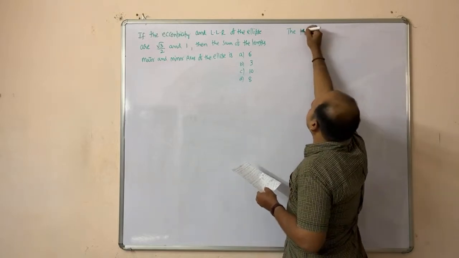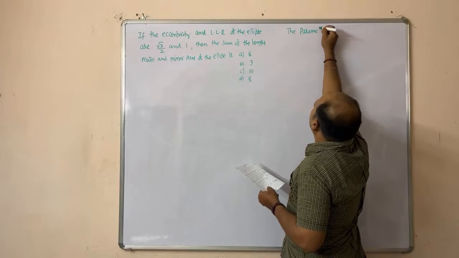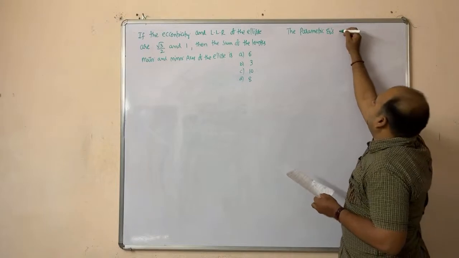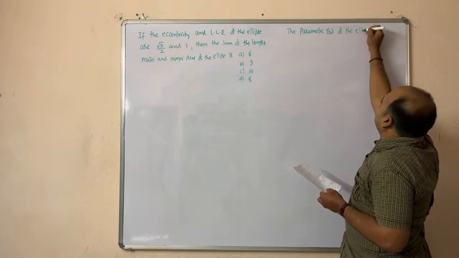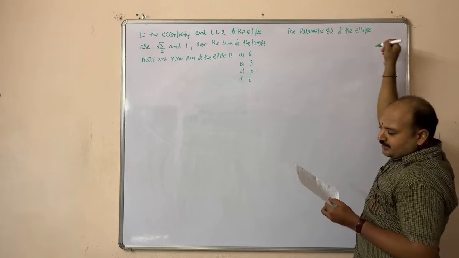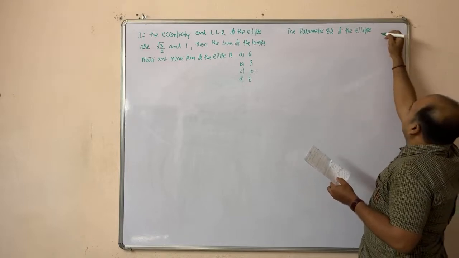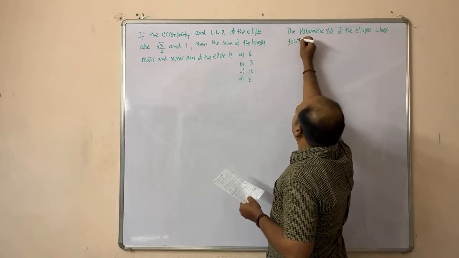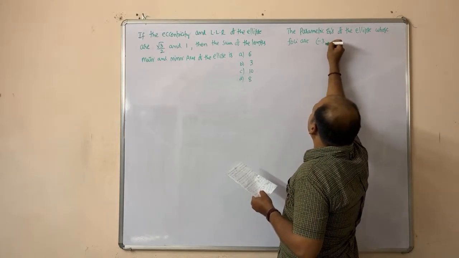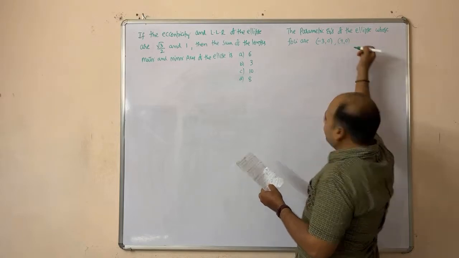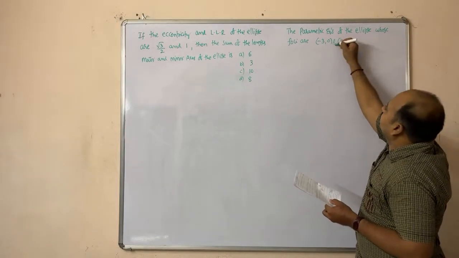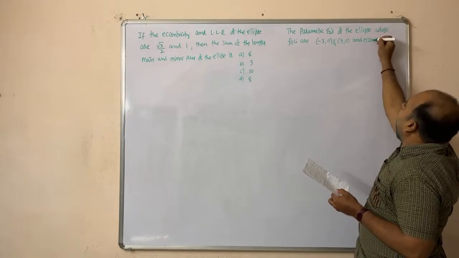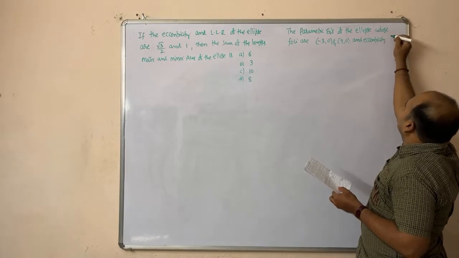The parametric equations of the ellipse, one of the students sent this question, whose foci are (-3, 0) and (9, 0), and eccentricity 1/3.